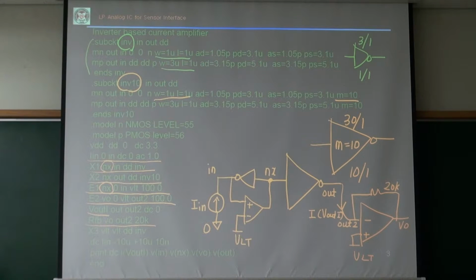This VLT is generated by an inverter, by this X3. So this IN is changing from minus 10 microamp to plus 10 microamp, and then we try to find this current. We'll find all those voltages. Let's simulate it.